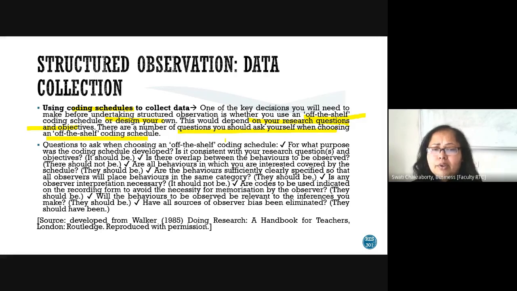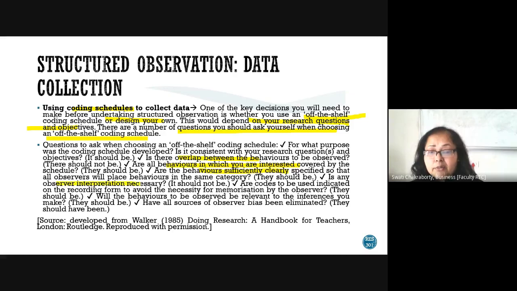Generally, the questions to ask when using this method are: For what purpose was the coding schedule developed? Is it consistent with your research questions and objectives? Is there overlap between the behaviors to be observed? Are the behaviors in which you are interested covered by the schedule? Are the behaviors sufficiently clearly specified so that all the observers will place behaviors in the same category?